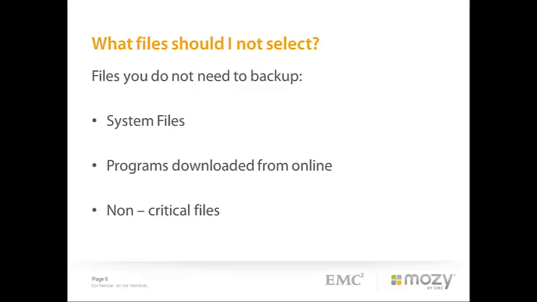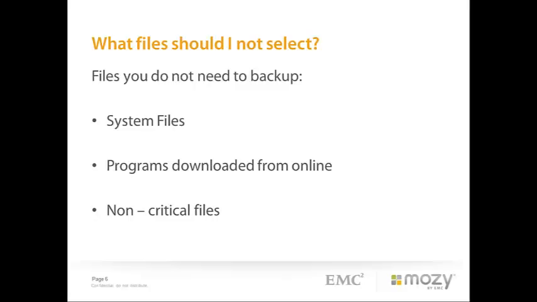As well as that, things that you've downloaded from online, maybe you've downloaded iTunes, Chrome, Firefox, some of these other browsers, other programs that you may have downloaded from the internet, or installed from a disk that you physically still have.